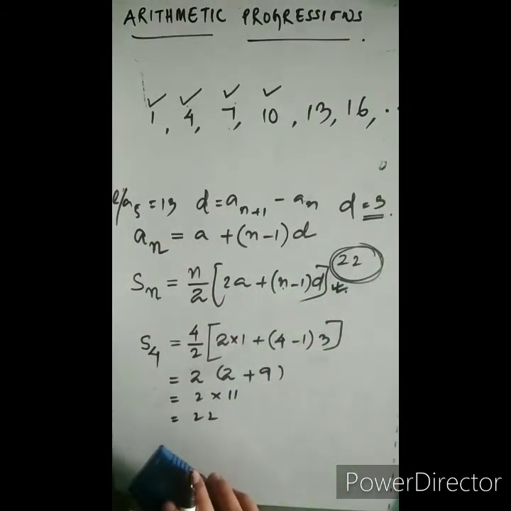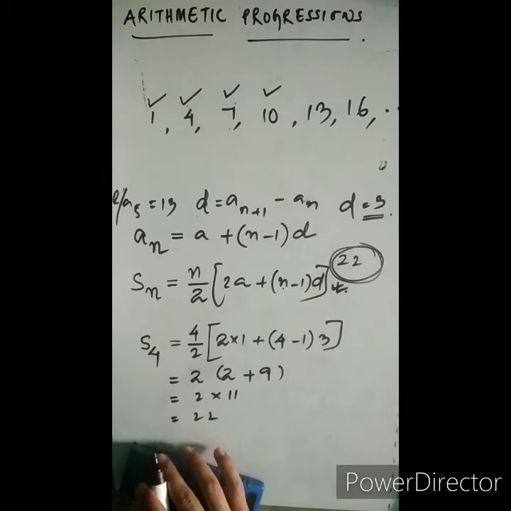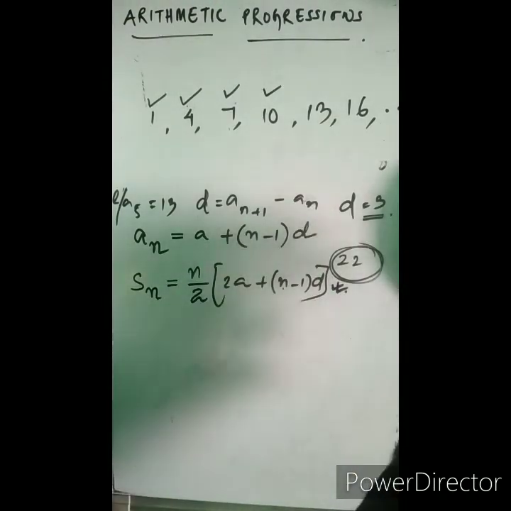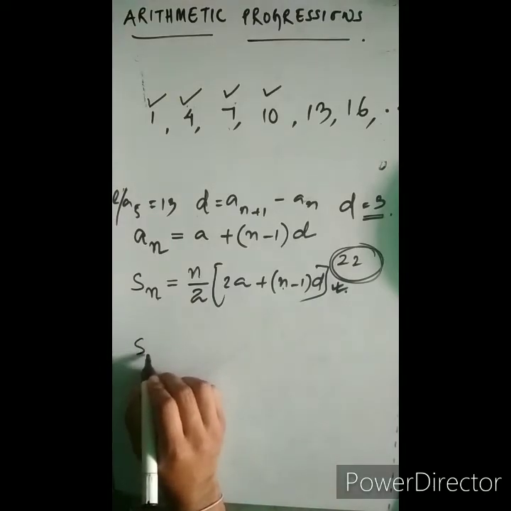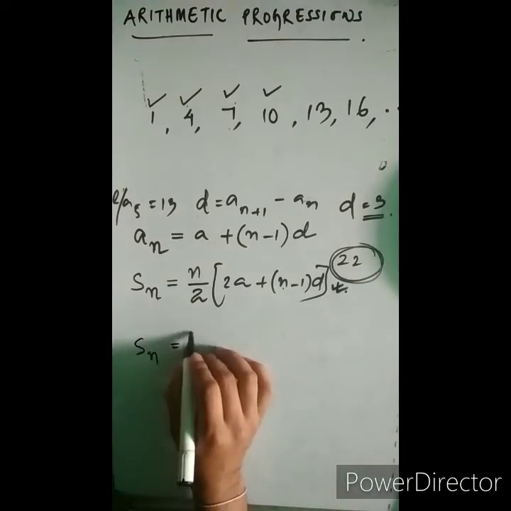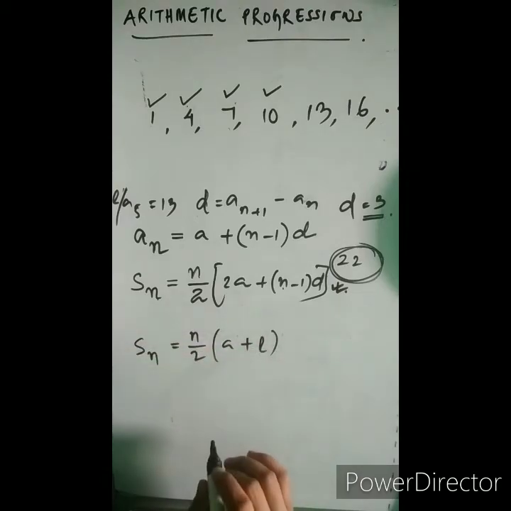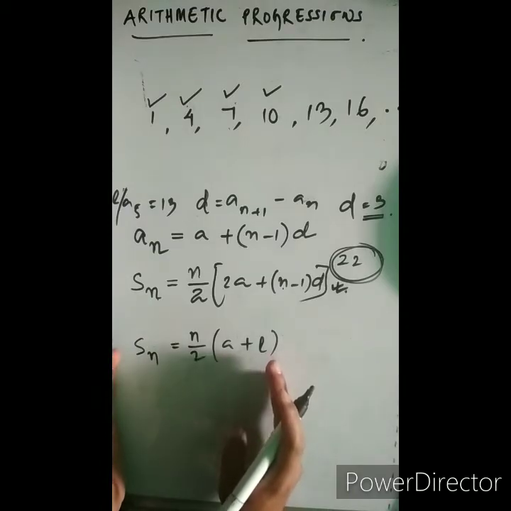And now I'll give you one more formula for finding the sum of the terms. We have one formula: Sn is n divided by 2, (a plus l). Normally this formula will be used in case of finite arithmetic progressions.